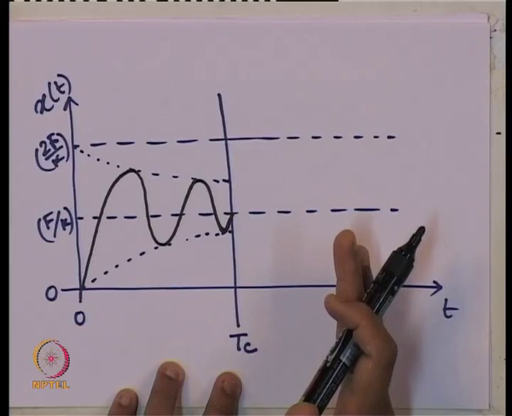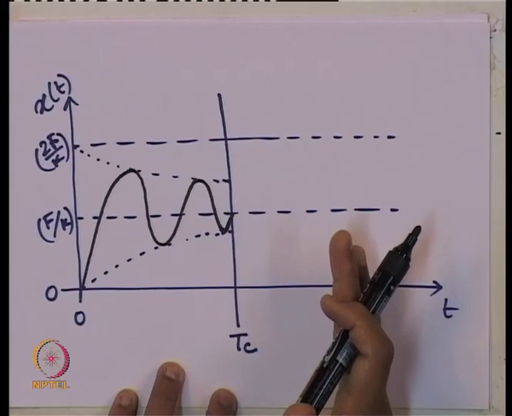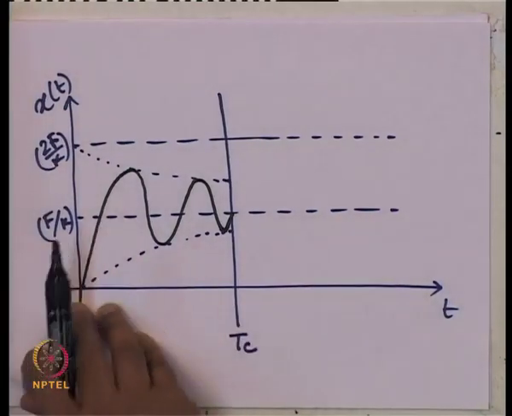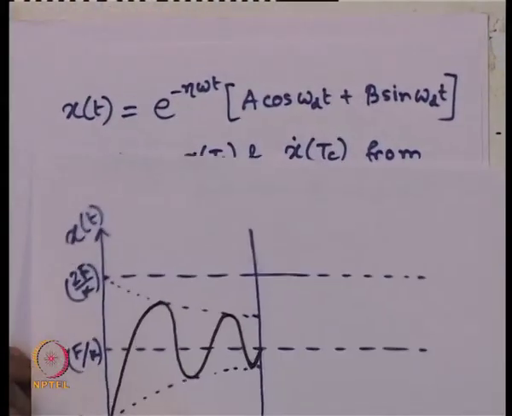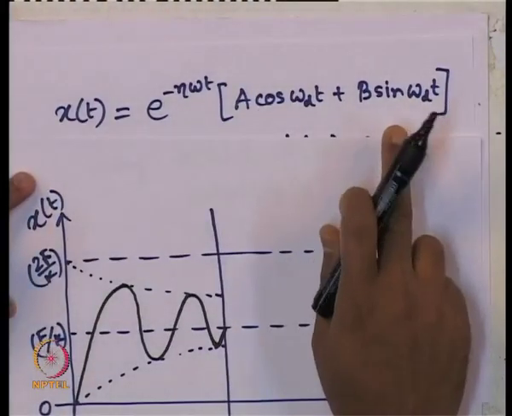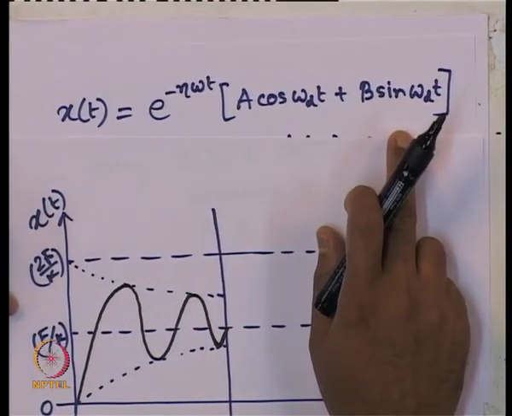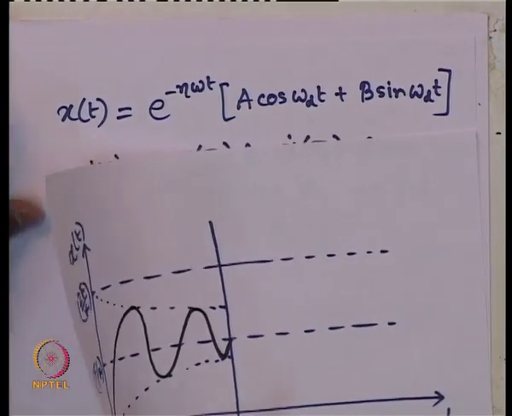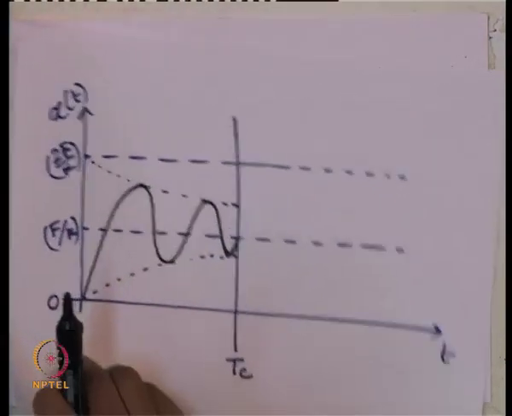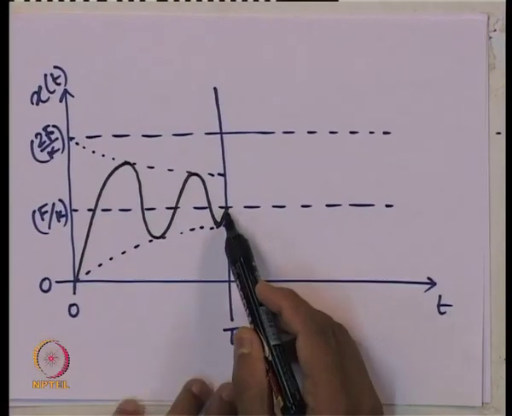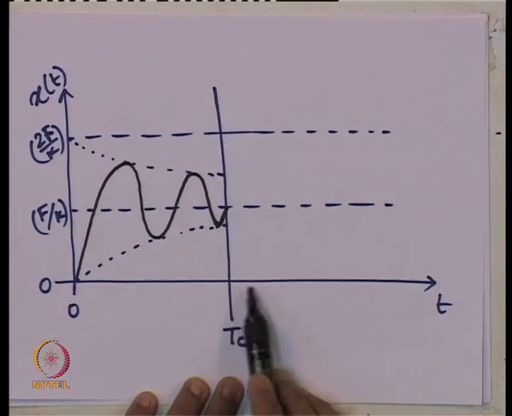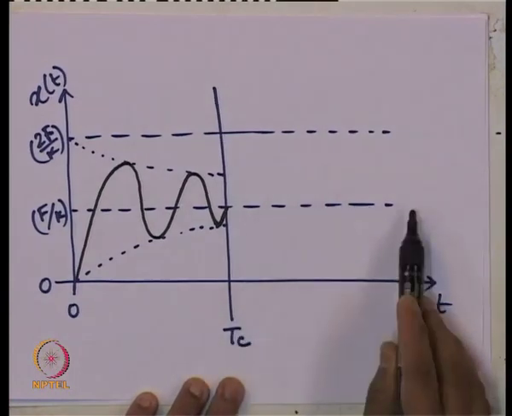It should vibrate about again a decay function, but its baseline will now change. Why? Because the solution for free vibration oscillates about the baseline of x of t equals 0, not x of t equals f by k.